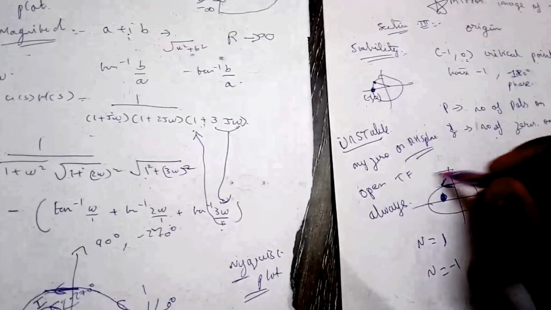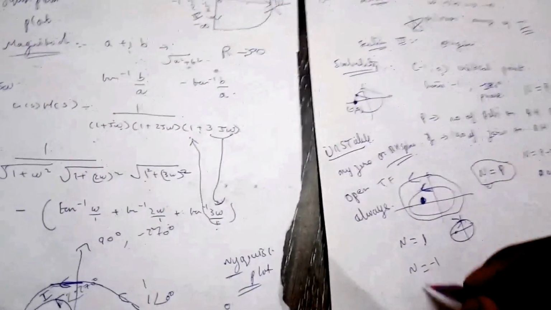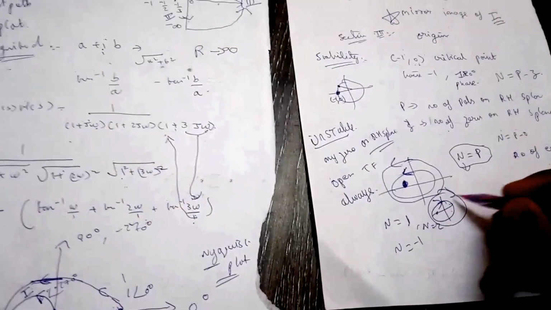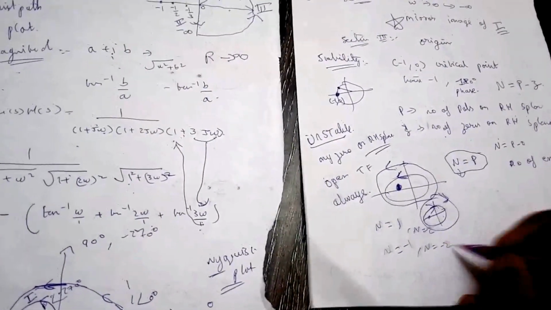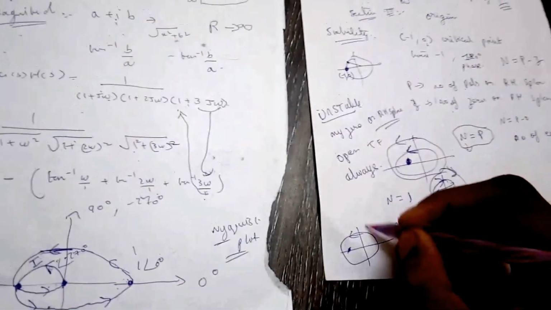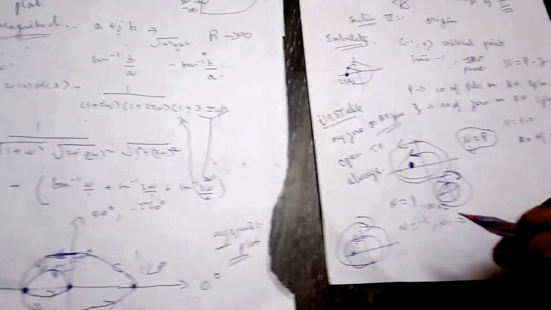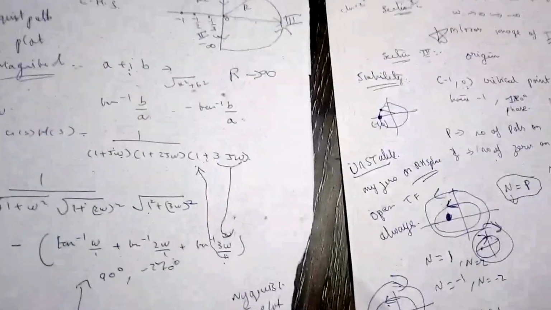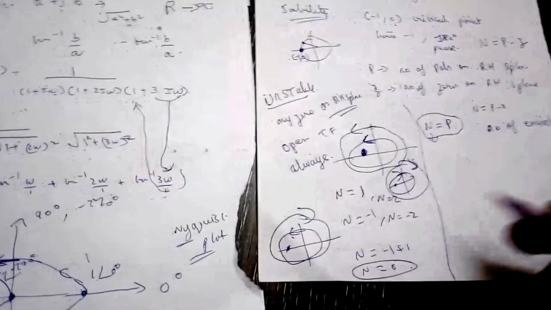If there is another loop outside this going anti-clockwise, we have N equal to 2. If there is another closed loop in the clockwise direction, we have N equal to -2. If we have a point such that one loop is clockwise and the other is anti-clockwise, we have N equal to -1 plus 1, giving rise to 0, N equal to 0. So this is the concept of encirclement.